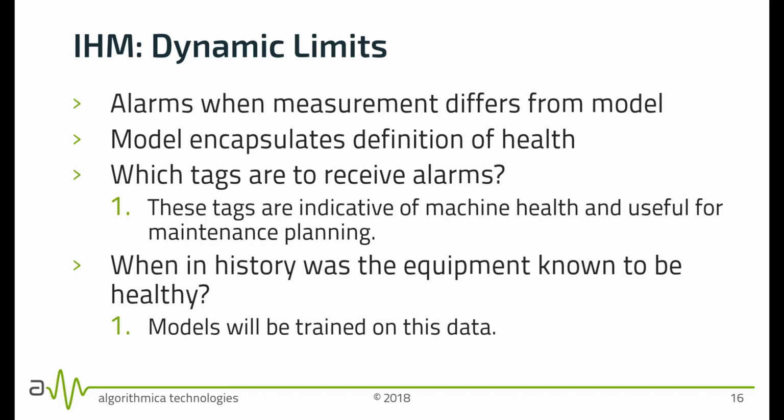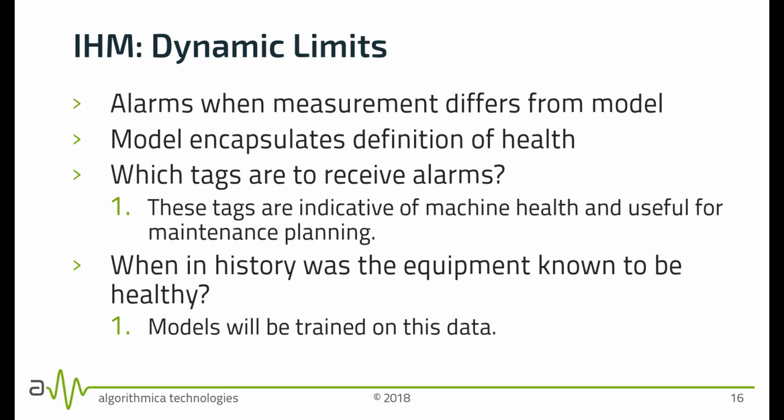Now, the IHM product alarms you when the physical measurement is significantly different from the mathematical model for that tag, where the model, of course, encapsulates the healthy behavior of the equipment that's measured by that tag, and therefore if there is a difference between the measurement and the model, the definition of health currently doesn't hold, so we're assuming that the machine is under some form of sickness, and therefore an alarm is released. So we're effectively asking, for which tags would you like alarms if that machine is no longer in good working order?